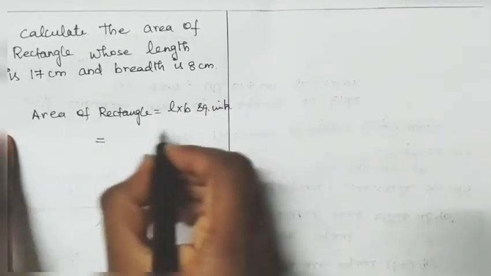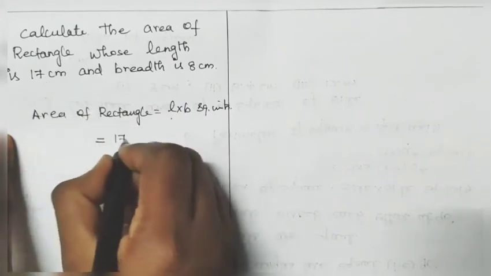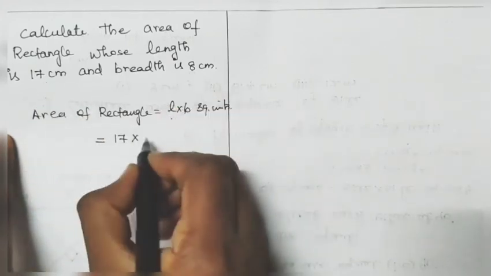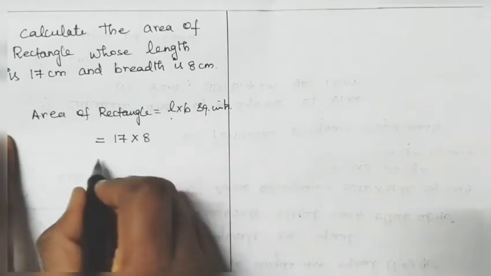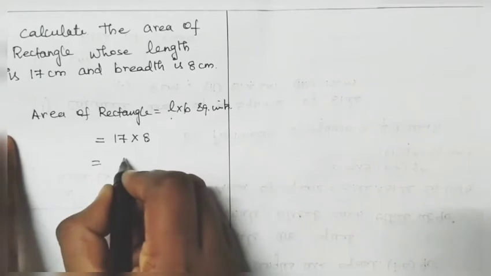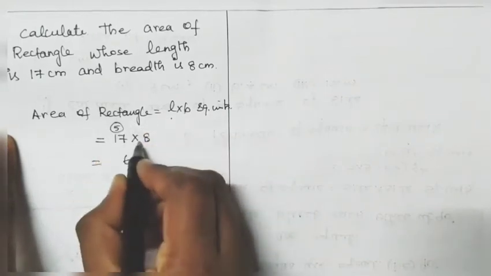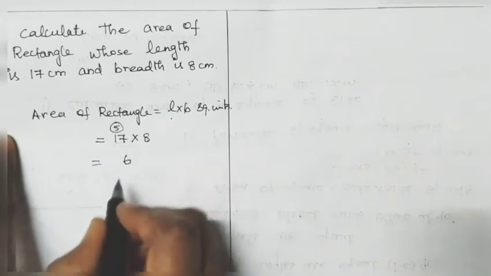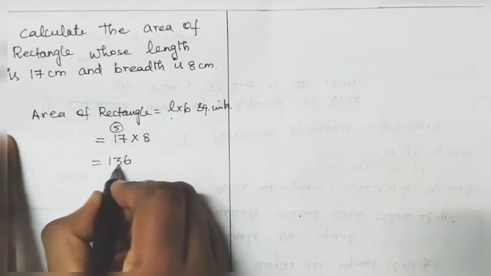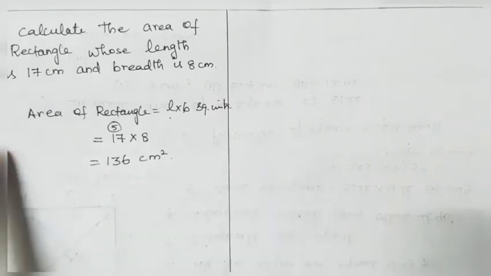Length is 17 centimeter, breadth is 8. So 17 into 8. Multiply. 8 7s are 56. So 6, 5 carry over. 8 1s are 8. 8 plus 5, 13. So it is 136 centimeter squared.